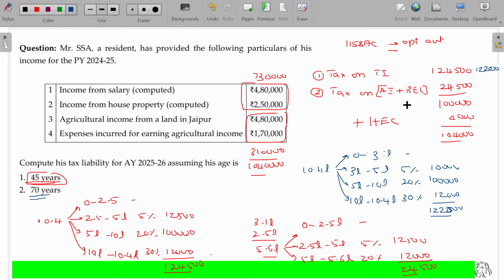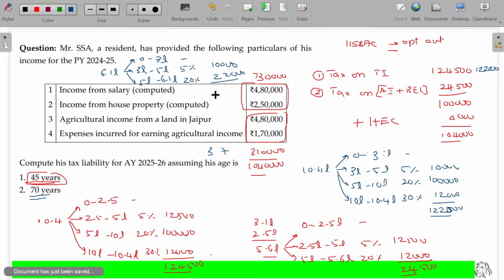And what about the next case? In the next case, I'll work it out here. 3.10 plus basic exemption limit of 3 lakhs is 6.1 lakhs. Up to 3 lakhs nil. 3 lakhs to 5 lakhs, 5%, 10,000. 5 lakhs to 6.1 lakhs, 20%, 22,000.